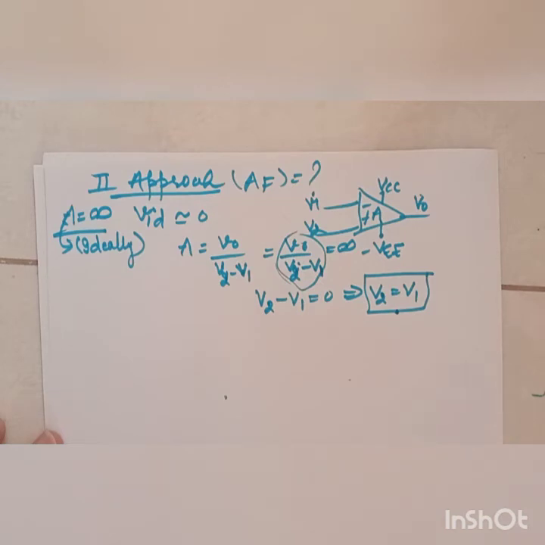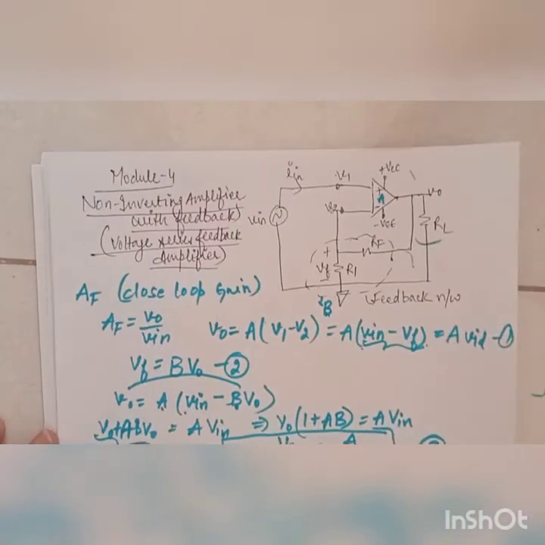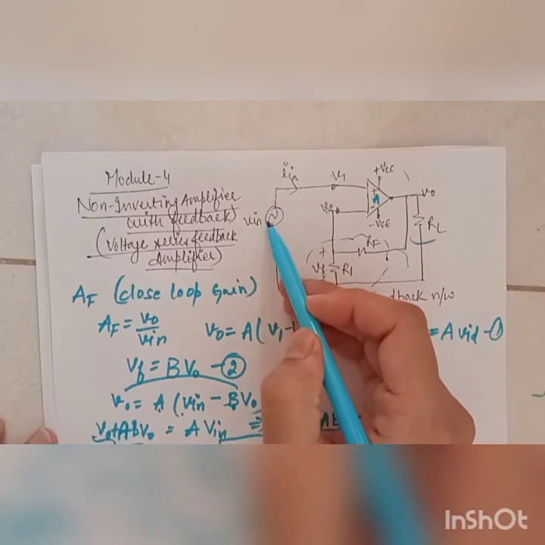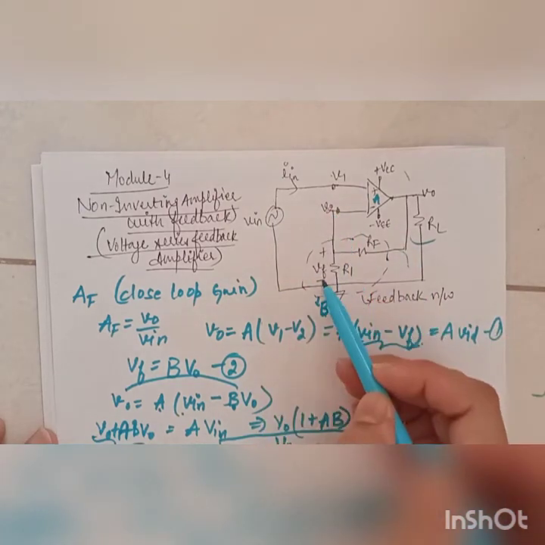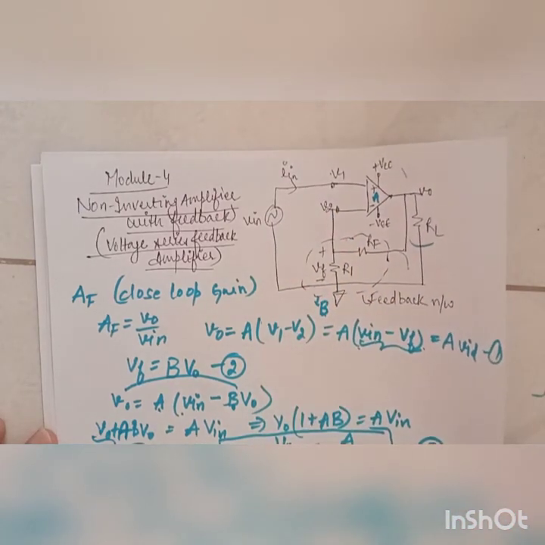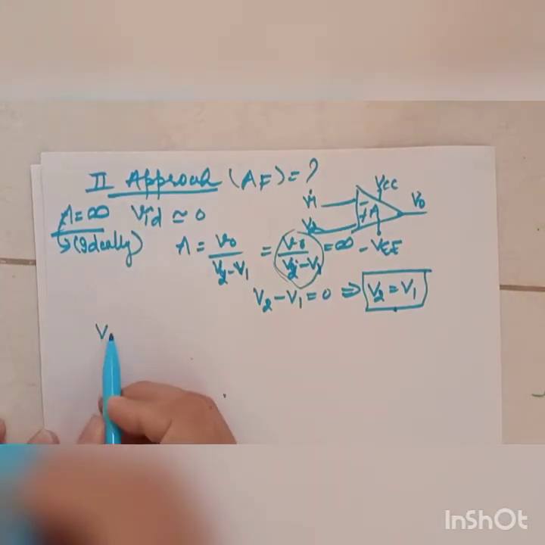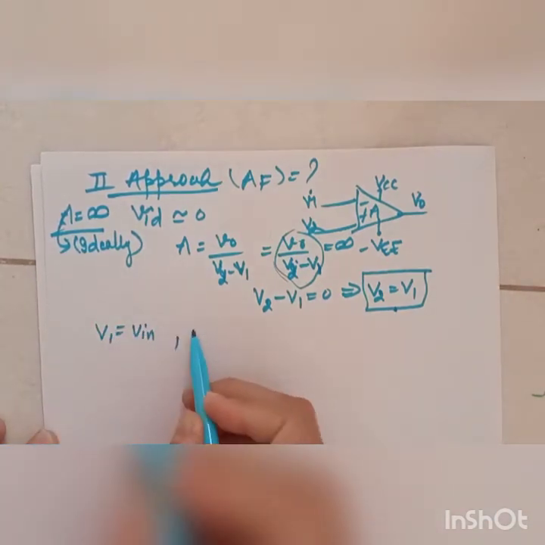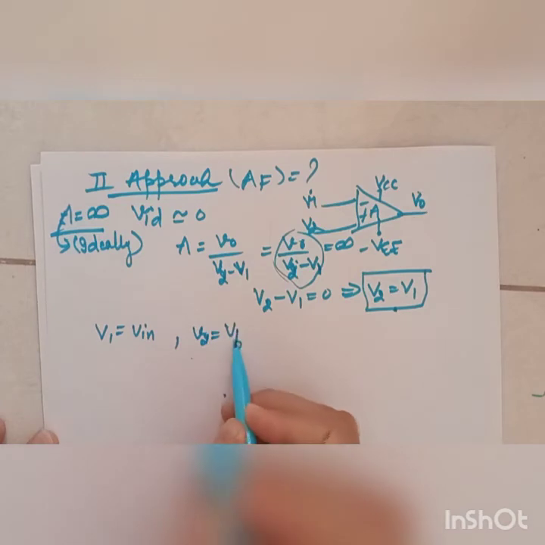Now in the present circuit which I showed you, V1 is how much? Vn, right? V2 is how much? Vf. So let's write this now. We know V1 is equal to Vn in our circuit, and V2 is equal to Vf. And Vf we already know how much it is. We have derived it.